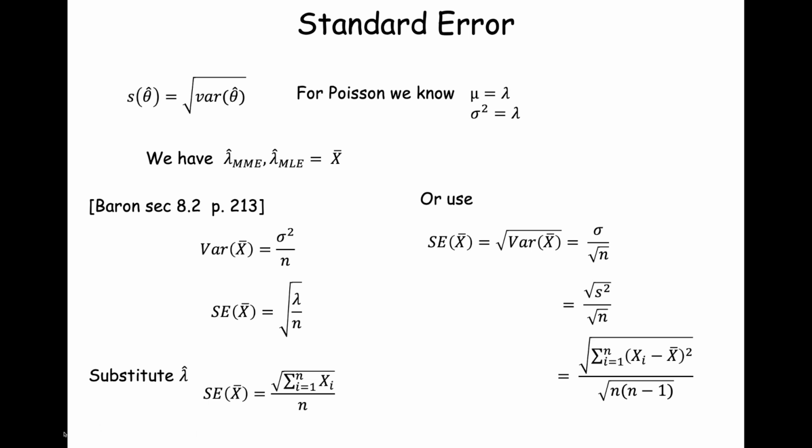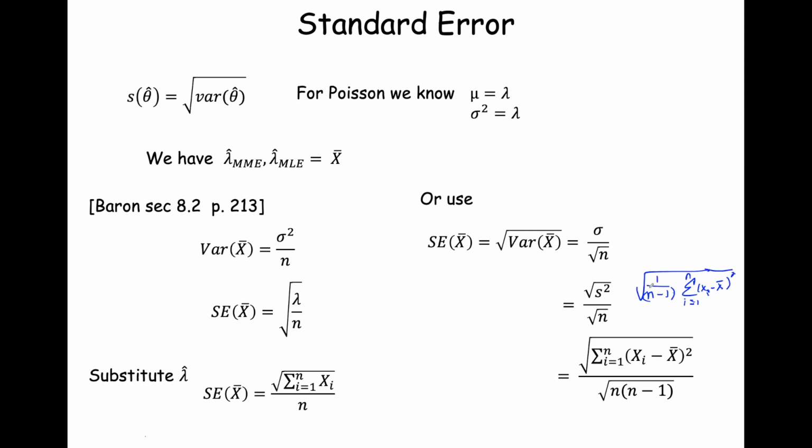Just to show you where this came from, s squared is nothing more than 1 over n minus 1 times the sum, i goes from 1 to n, of xi minus x bar quantity squared.